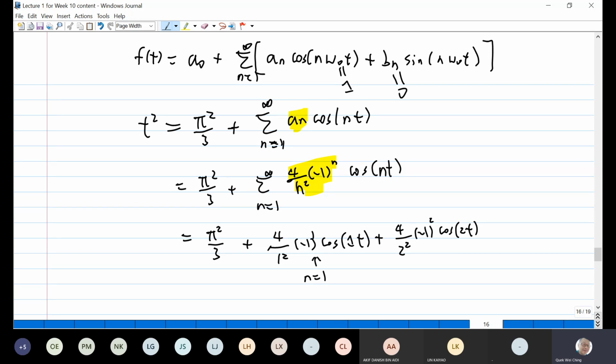Then n equal to 3: 4 over 3 squared times -1 power 3 cosine 3t.